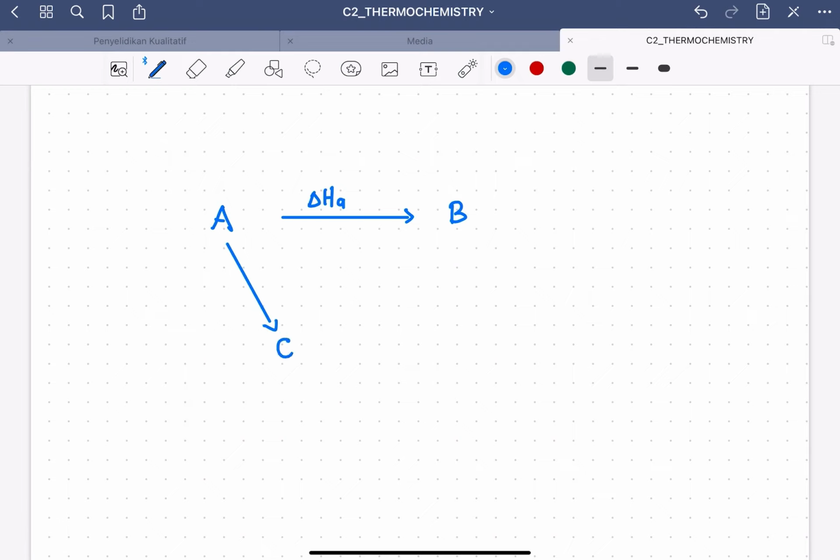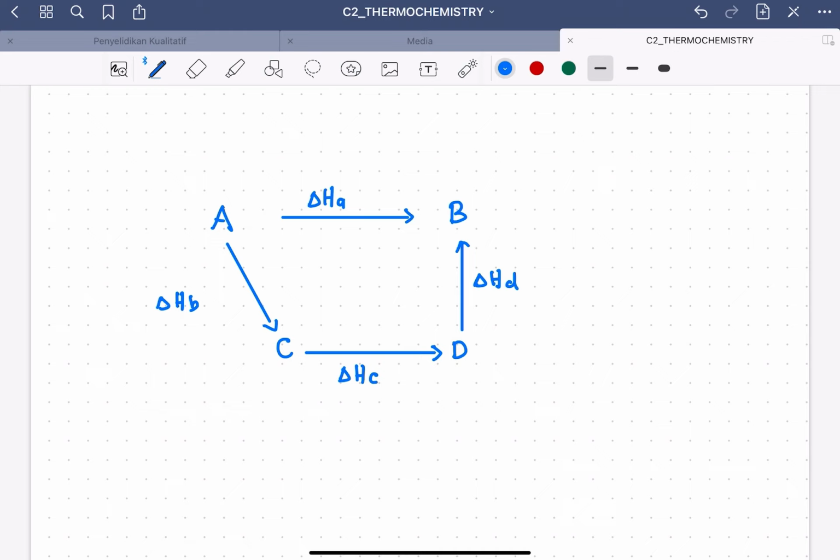So the heat involved in producing B from A is said to be the same if A produces C, C produces D, and then D produces B. Say this reaction is delta HB, this reaction is delta HC, and this reaction is delta HD.